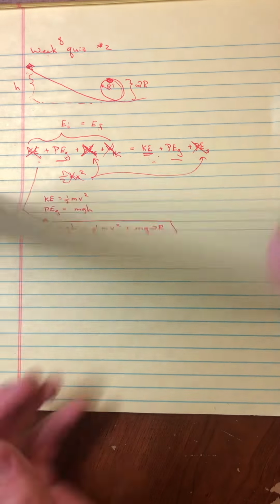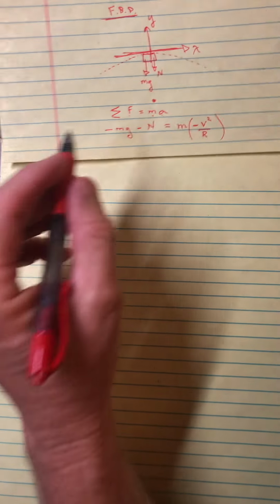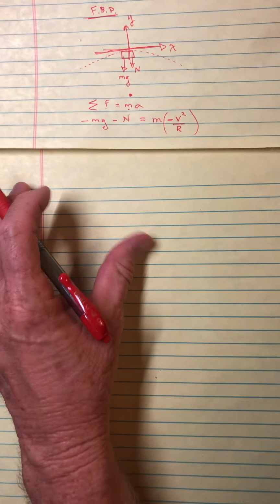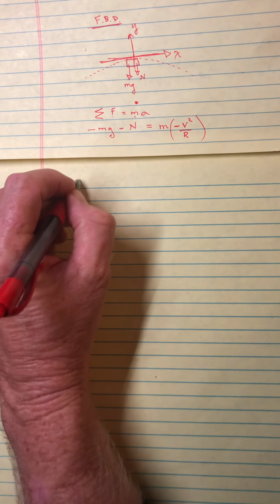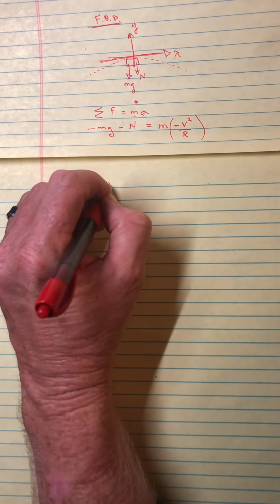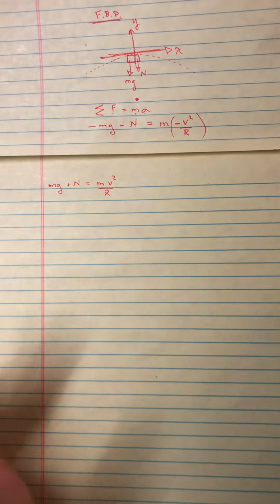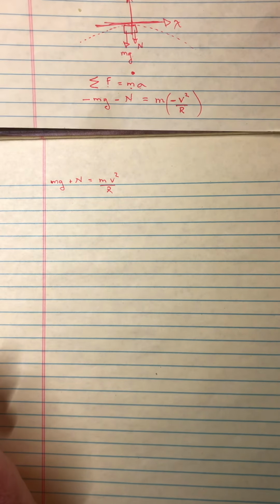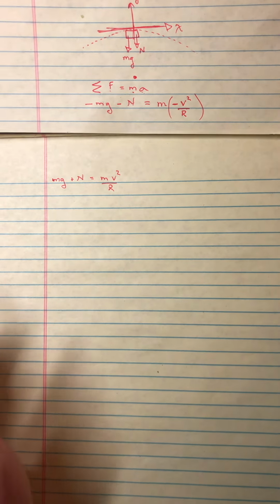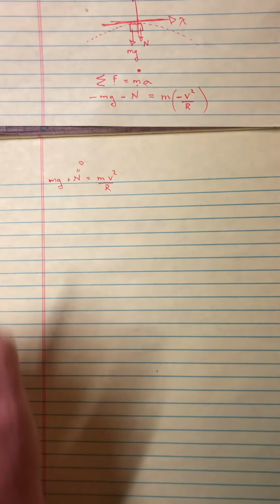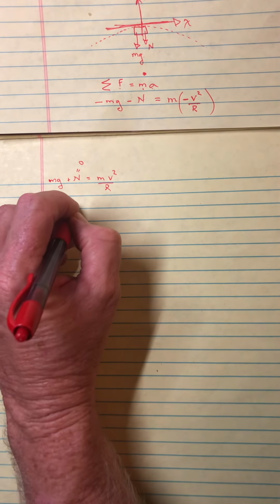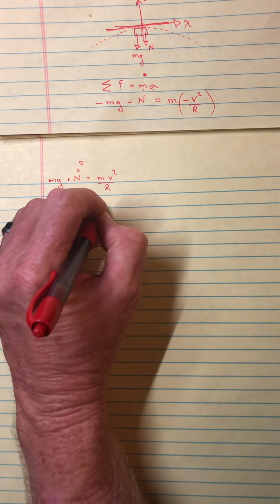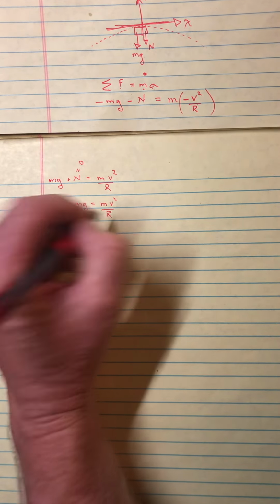Okay, let me go to another page. But what that would mean, if I take what I've just done and multiply by -1, I get all positive numbers. And so mathematically, that'll be a little bit easier to work with. And I suppose maybe now's a good time to set the normal force equal to 0, and I'll get mg equals mv squared over r.